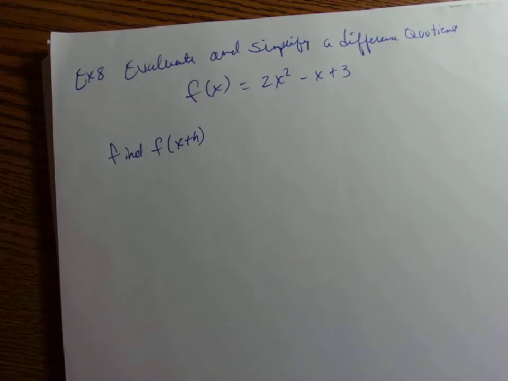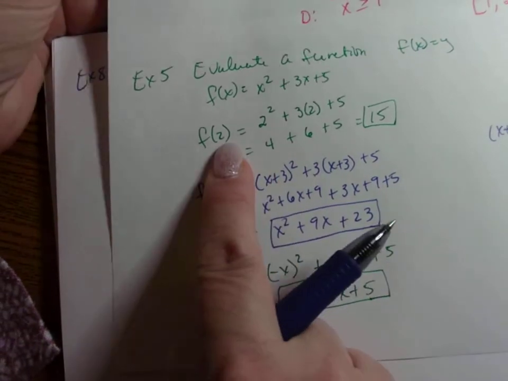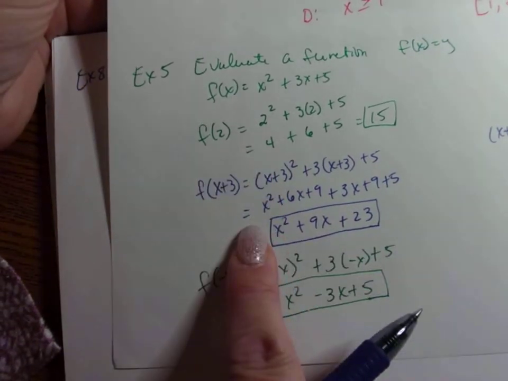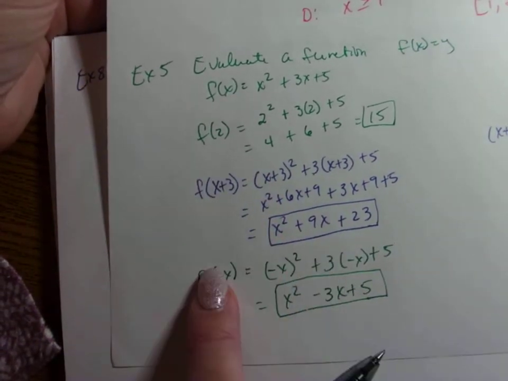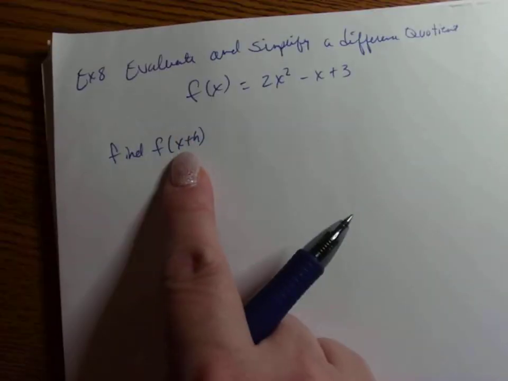Now, if you recall, we were doing some evaluating of our function earlier. We evaluated at 2, we evaluated at x plus 3, we evaluated at negative x. This is doing the same thing, except we're going to do x plus h.